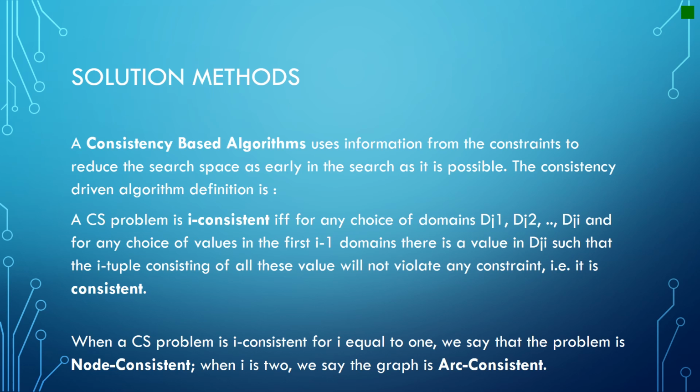When a constraint satisfaction problem is i-consistent, for i equal to 1, we say that the problem is node consistent. And when i is 2, we say the graph is arc consistent.